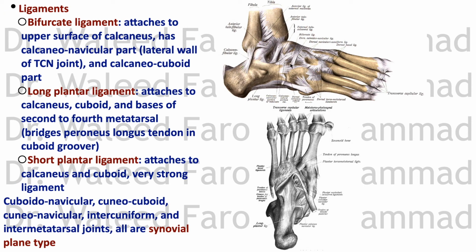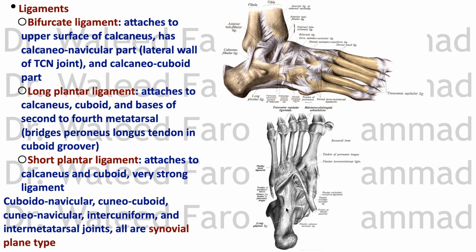This is the bifurcate ligament. Okay. It attaches to the upper surface of the calcaneus. It has a calcaneonavicular part, which is the lateral wall of the talocalcaneonavicular joint, and a calcaneocuboid part. Okay? The long plantar ligament, the one you see here, bridges the groove for the peroneus longus muscle in the cuboid bone.